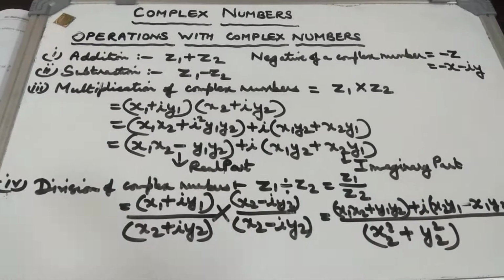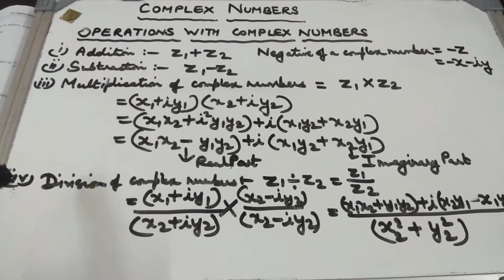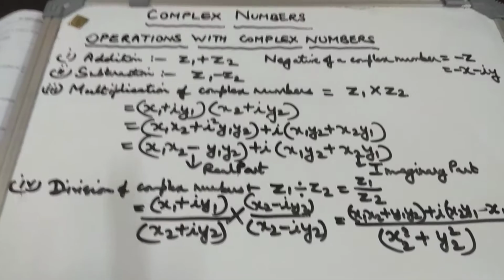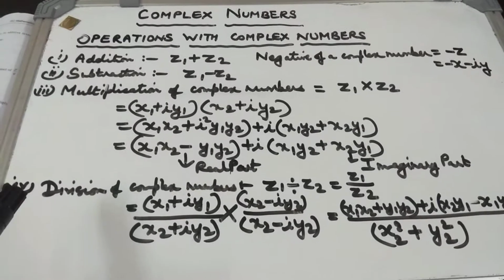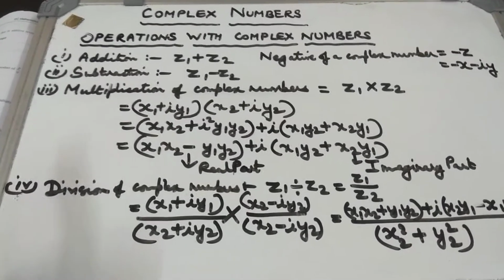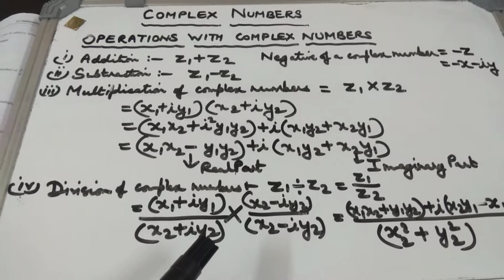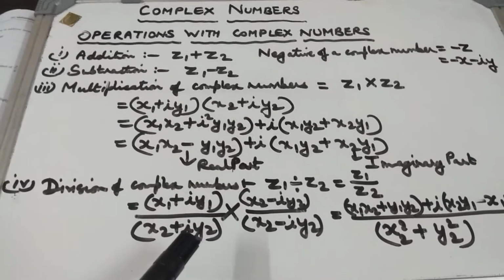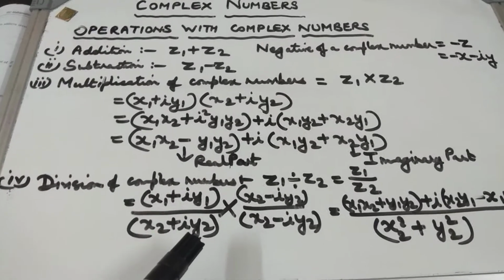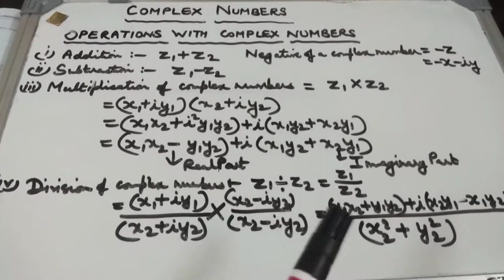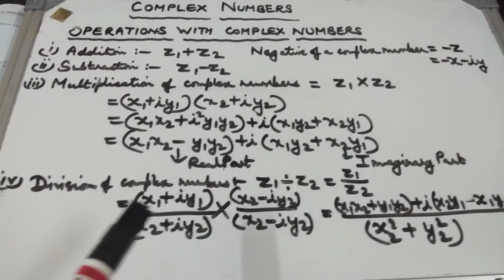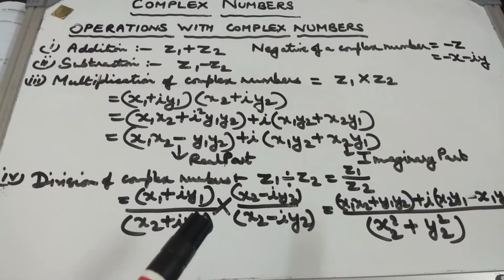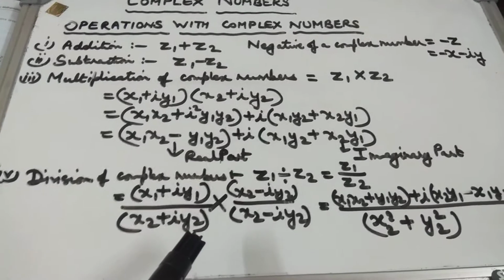Now comes division, which is very important. First and foremost, whenever you are going to divide a complex number, by convention, we don't keep the imaginary part in the division or in the denominator. So, z1 upon z2 is actually x1 plus iy1 upon x2 plus iy2.